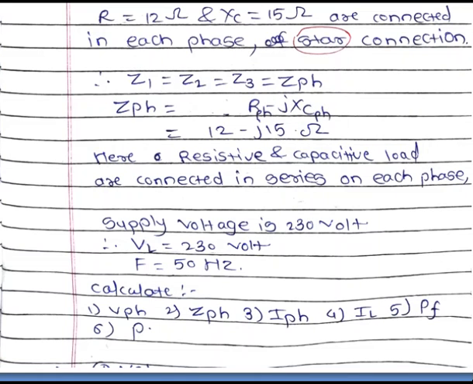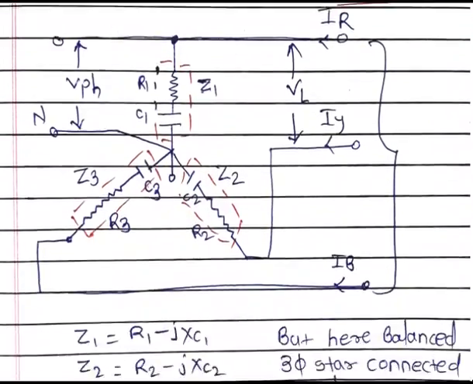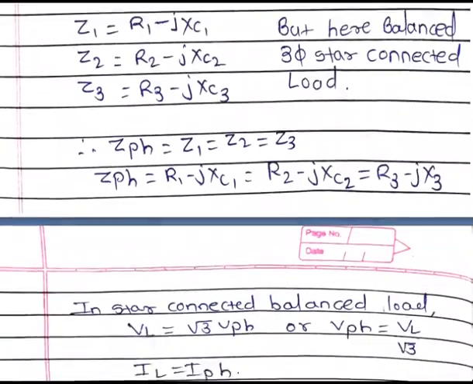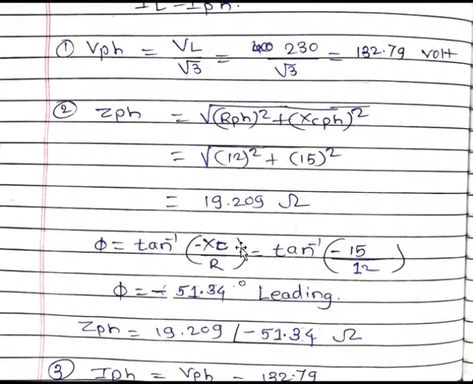Therefore here we consider the minus sign. Therefore the value of phi is equal to tan inverse of minus XC divided by R. Therefore tan inverse of minus 15 divided by 12 is equal to phi is equal to minus 51.34 degree leading.